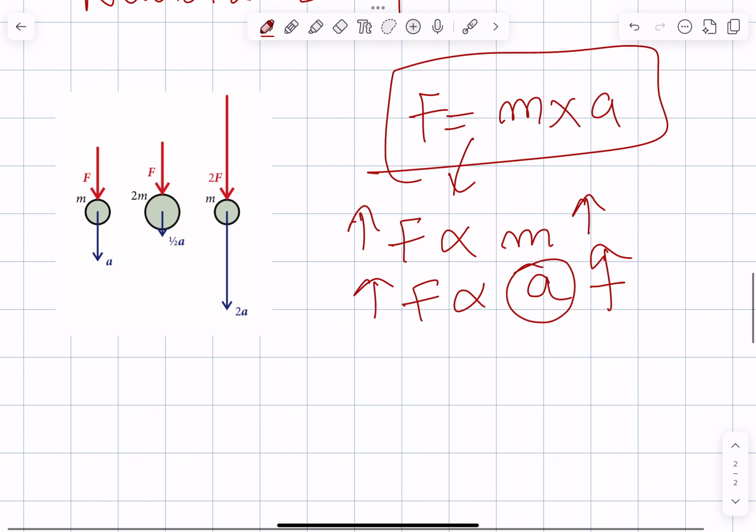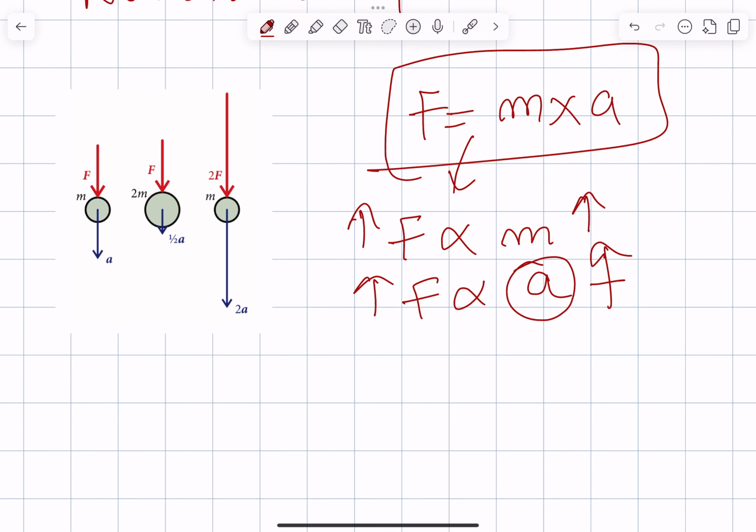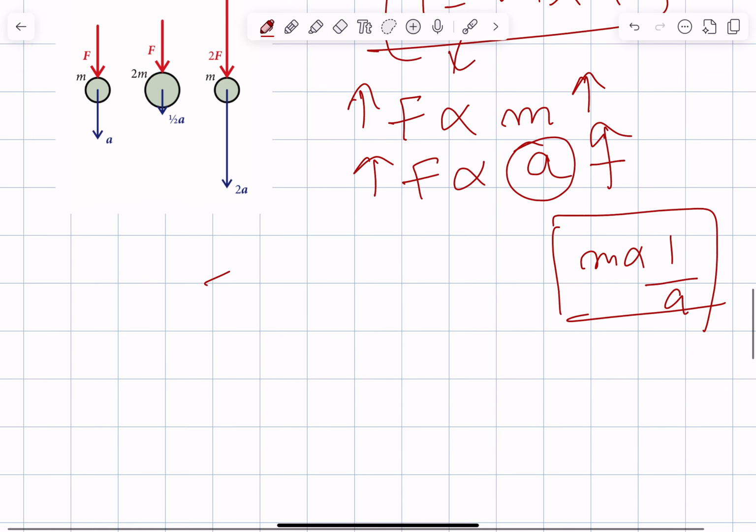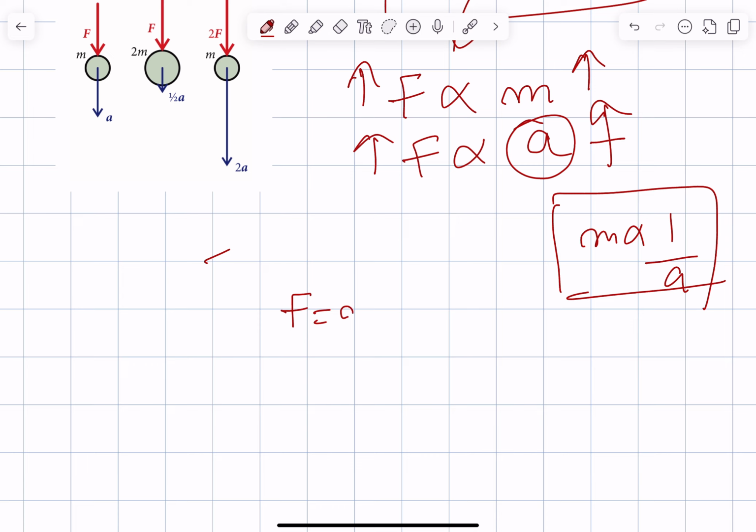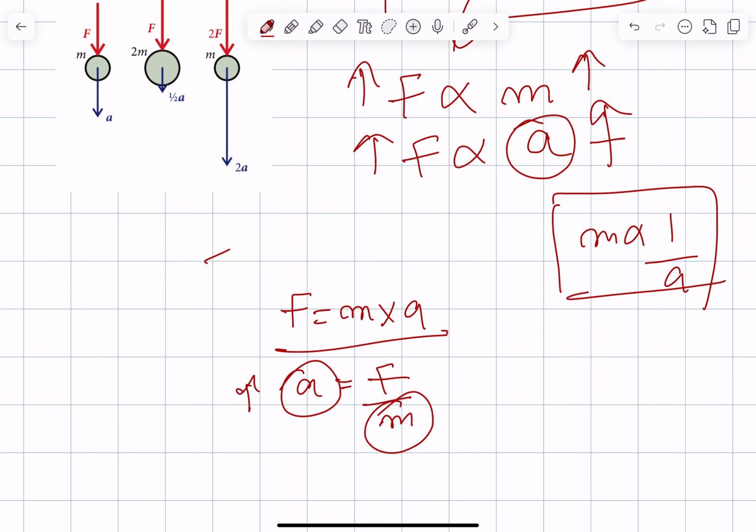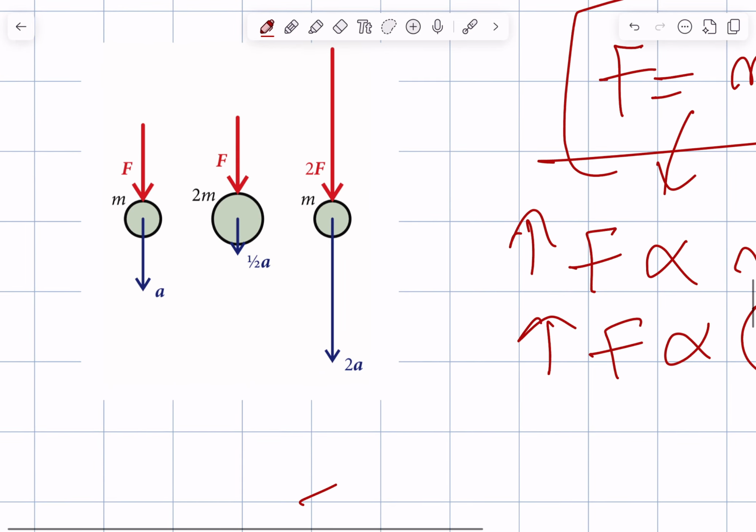Again, if we see carefully, mass is inversely proportional to the acceleration, because if we write this formula as a equals F upon m, you see a and m are inversely related. So whenever the acceleration is high, the mass will be low. That is how we understand this concept.